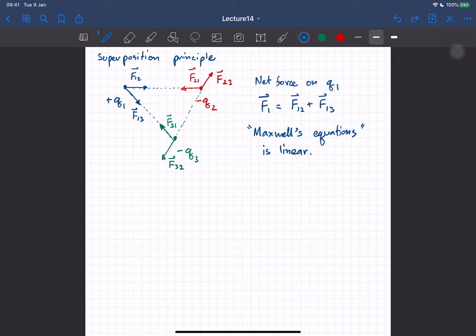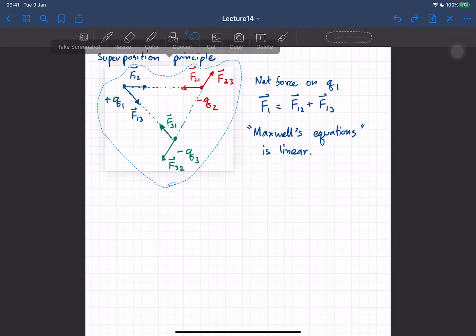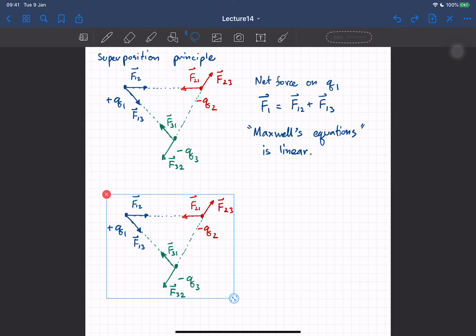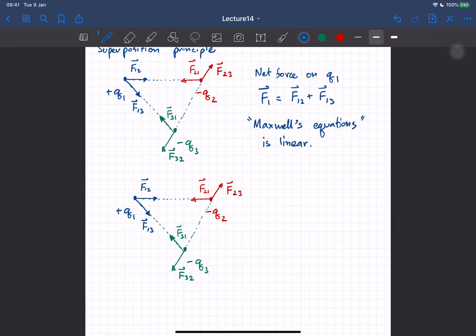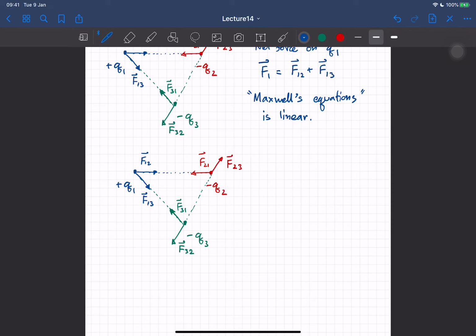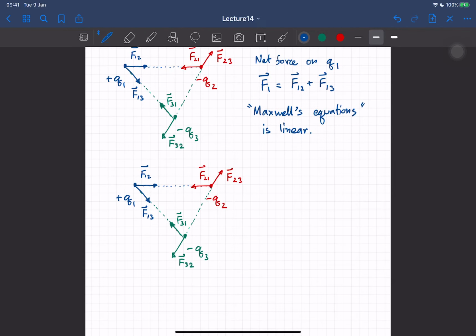Okay, so let's do that. So I'm gonna copy this diagram, and then instead of drawing the force on each charge separately, F12 and F13, I'm gonna add so that I have the net force on each one.